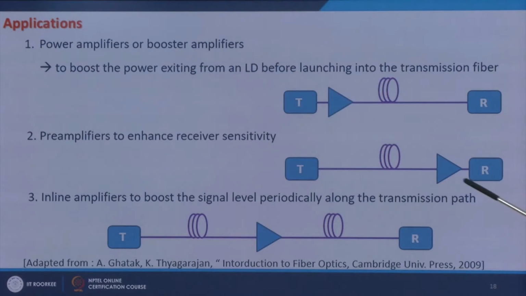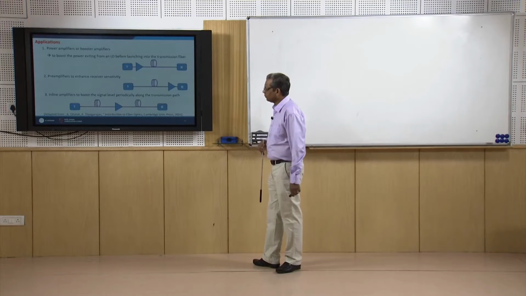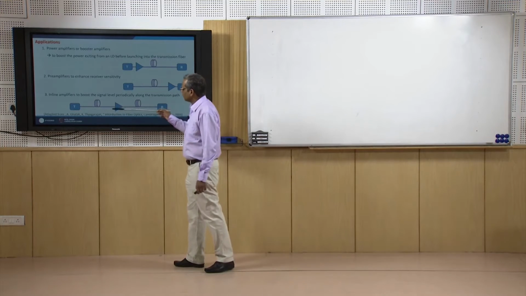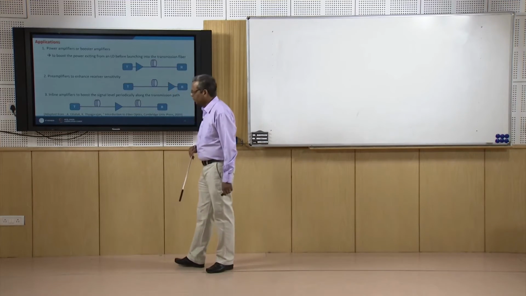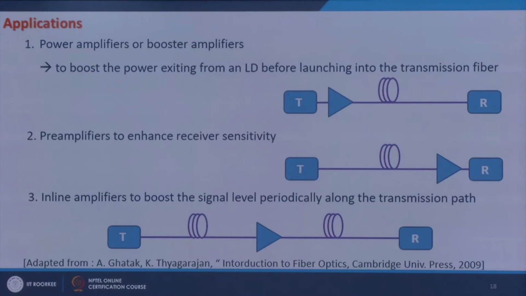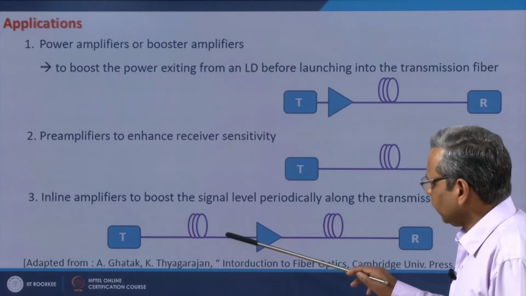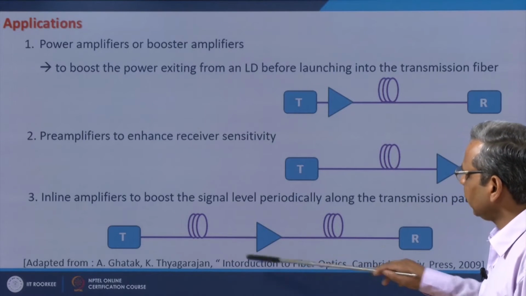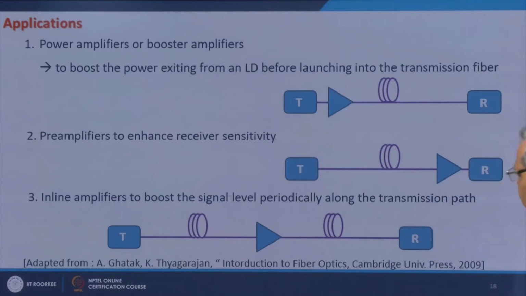Before sending the signal to the receiver, you first amplify it, and then it is used as a pre-amplifier. And the most commonly used is the inline amplifier, where you use an amplifier in between. Your signal gets attenuated after traveling a certain distance through fiber, then you amplify it and send it into the next section.